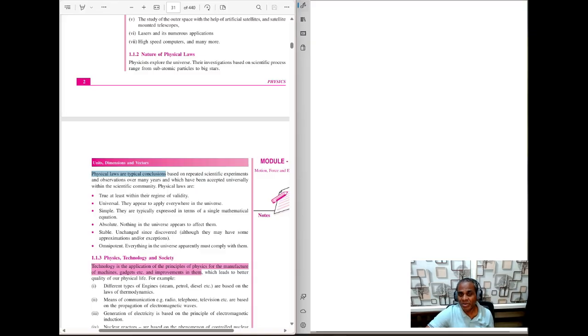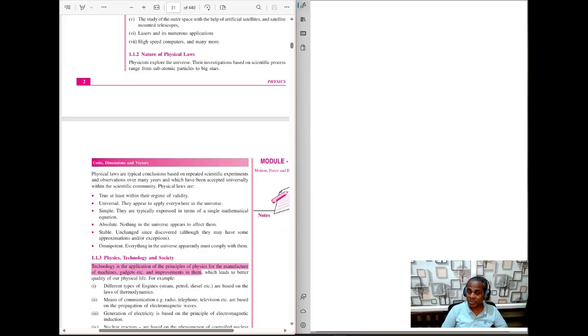So scientists have performed, and are performing to this day, experiments repeatedly, recording the observations, and then understanding the cause and effect, which leads to universality of observations. So whether one is in America or whether one is in Australia, the principle of gravitation is applicable everywhere. Similarly, other principles of physics.